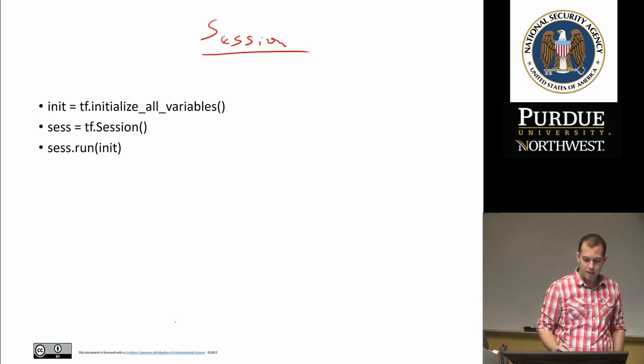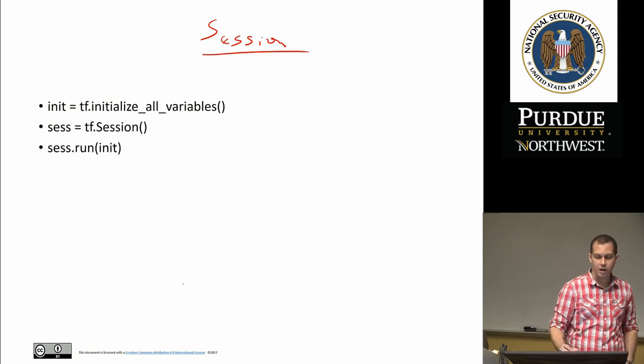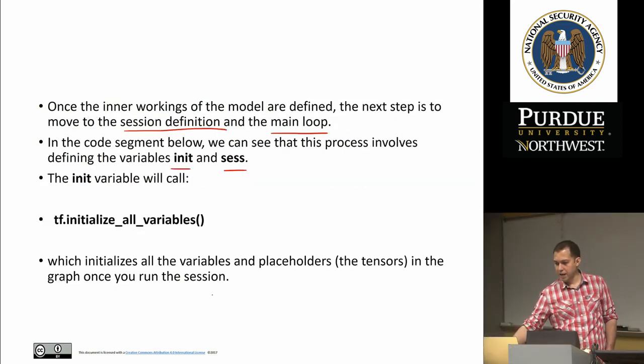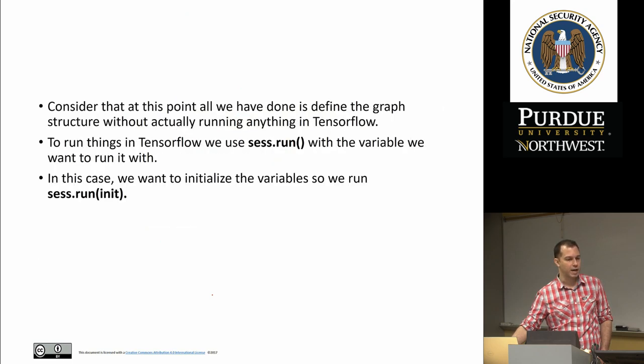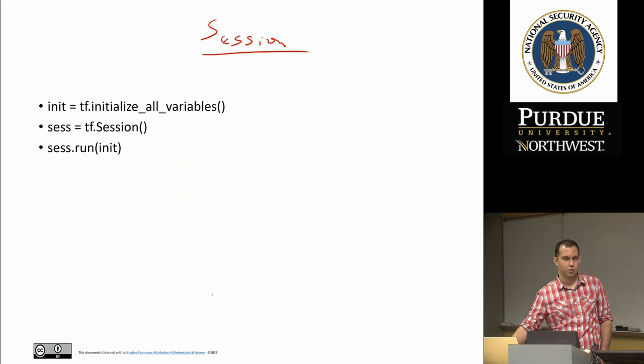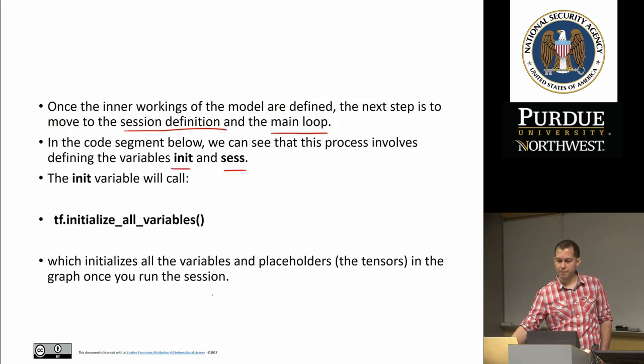Once we've defined the architecture and finalized our graph, remember that this is like object-oriented programming. We've defined a class, but we don't have an instance of it. So in a way, defining the session is like creating the instances of it.